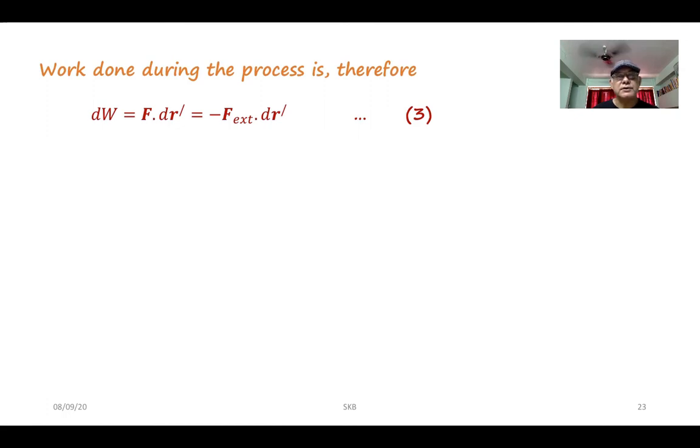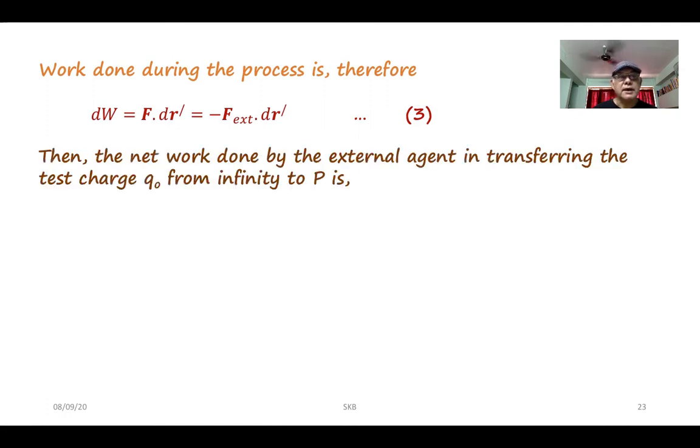This is equation 3. Then the net work done by the external agent in transferring the test charge Q naught from infinity to P is W equal to integration infinity to P dW equal to minus integration infinity to P F subscript ext dot dr dash. This is equation 4.